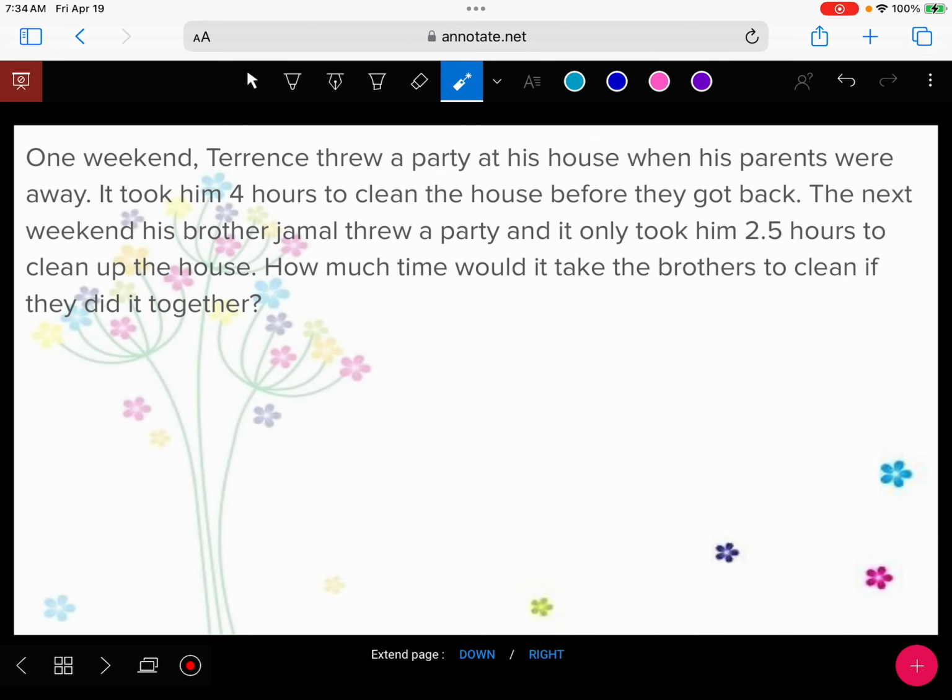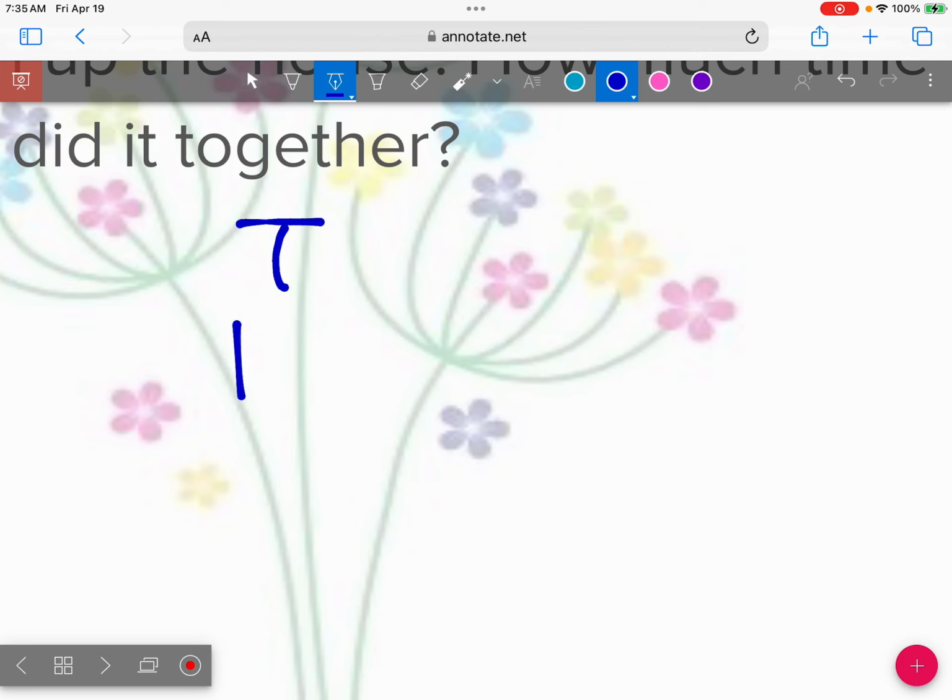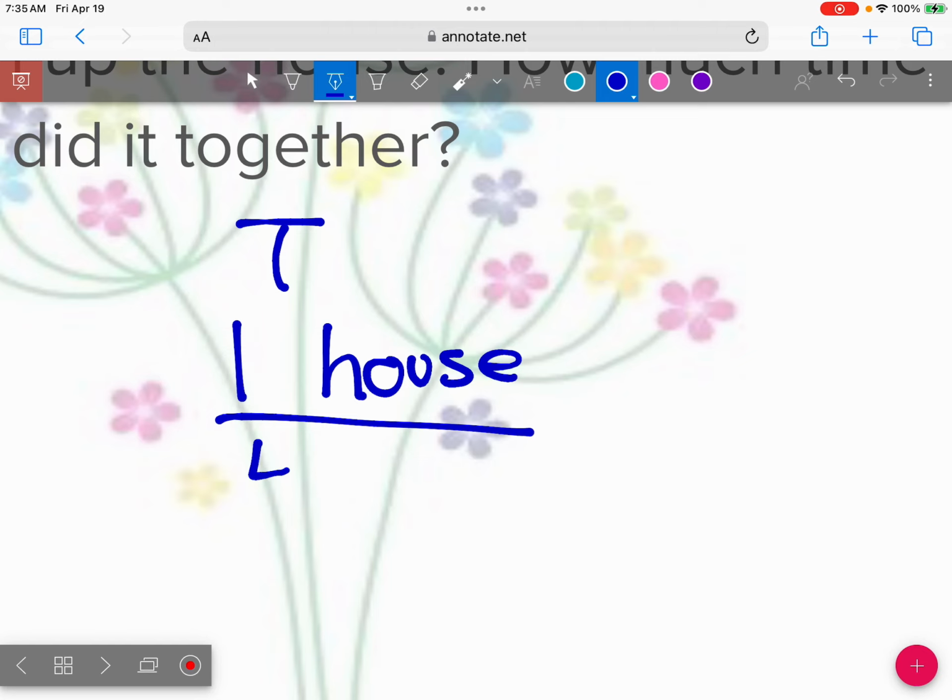So we start by writing the pieces we know. I know that Terrence took 4 hours to clean the house. So Terrence can clean one house per 4 hours.